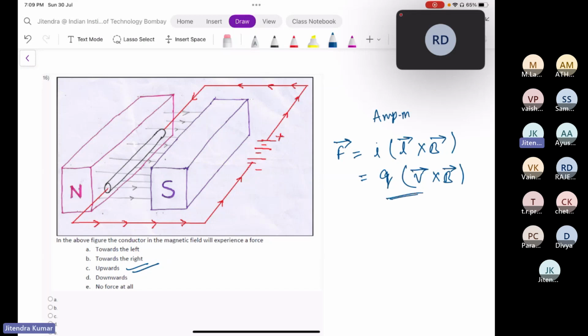And here also QV, and Q is current into time, I into T, and velocity is length by time. So you can see that time will cancel, and the dimension of QV will also become IL. So this is basically known as the Lorentz force equation.